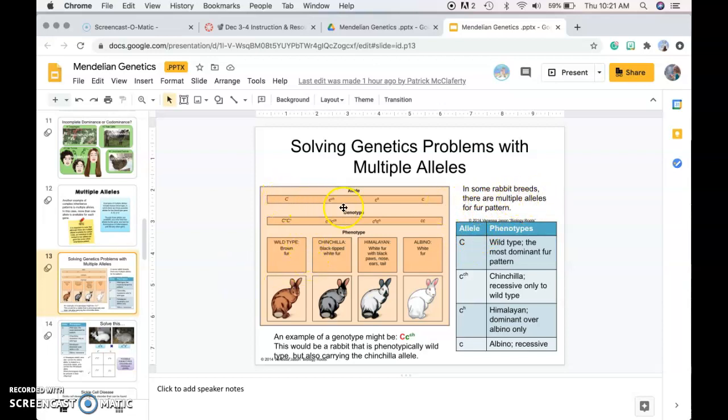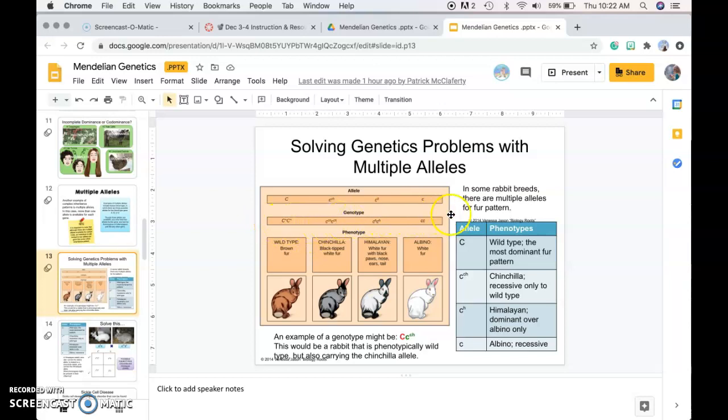Here are all of the types of alleles: capital C, C-chinchilla, C-Himalayan, and then just little c. The capital C is called the wild type, and it's brown fur. The chinchilla is black-tipped white fur. The Himalayan is white fur with a black nose, paws, ears, and tail. And then 2 little c's indicates an albino.